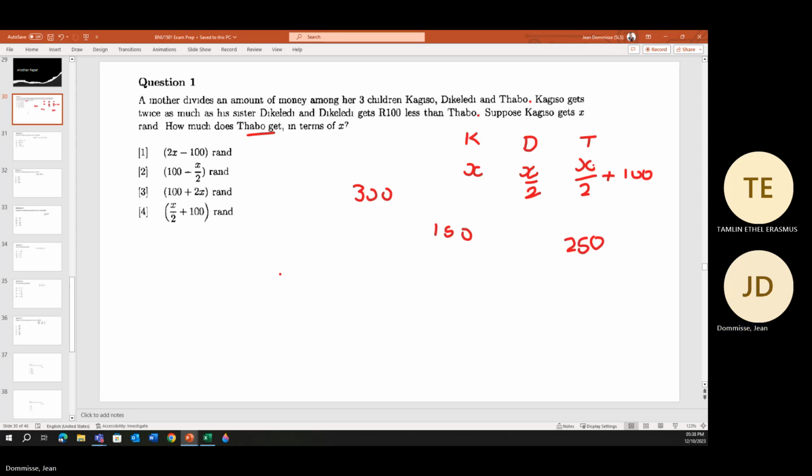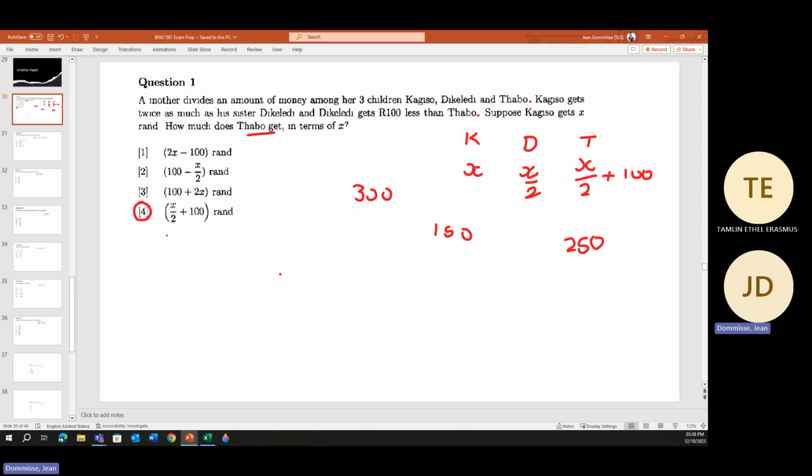So that means that the sister gets 100 less than Tabu. Okay, so which then is X over 2 plus 100.